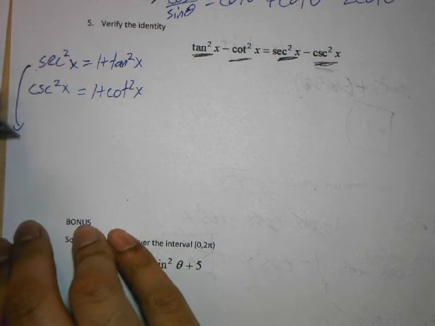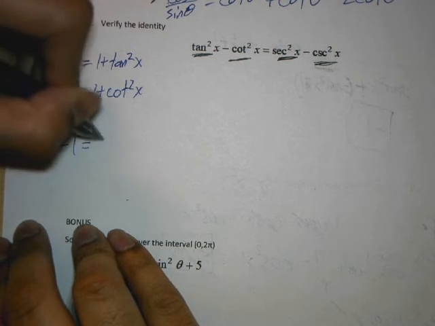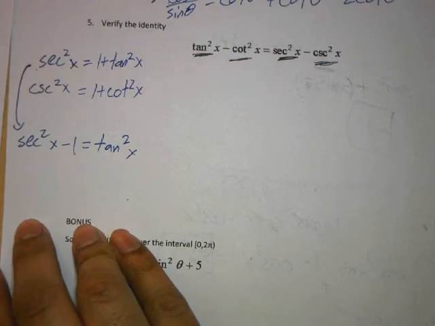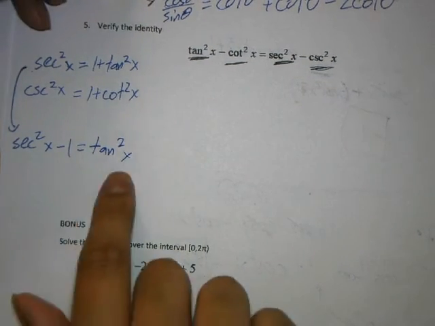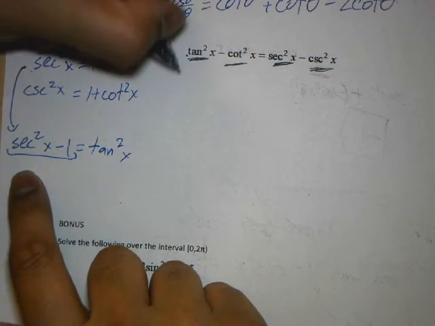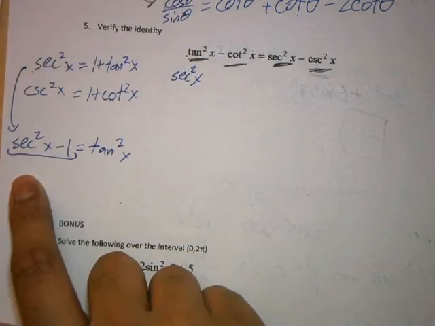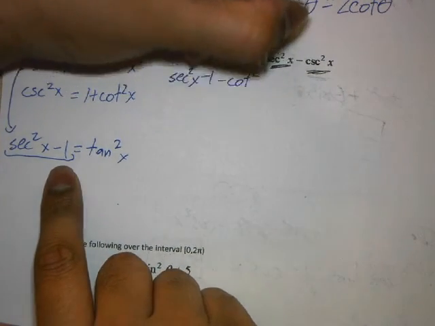I'm going to make this secant squared x minus 1 equals tangent squared x. Again, I just moved the 1 over. Now I'm going to replace this tangent with this piece right here. So we've got secant squared x minus 1 minus cotangent squared x.